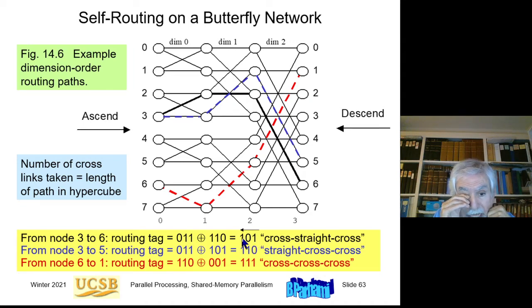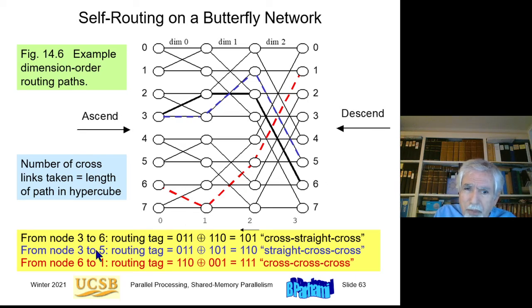And this routing tag, when read backwards from end to the beginning, basically dictates the setting of the switches. 1 means the switch is set to the cross state. 0 means it's set to straight state. So this routing tag says cross, straight, cross. So here it is, cross, straight, cross.